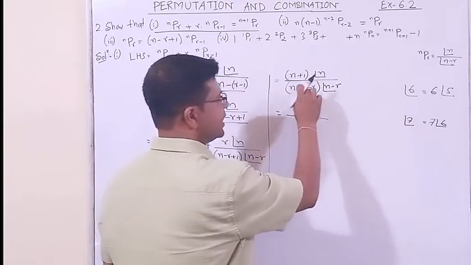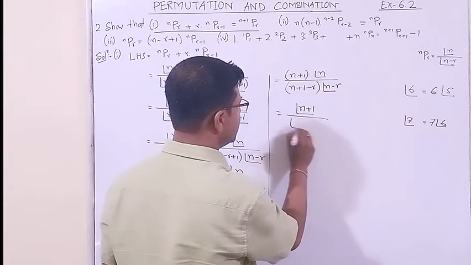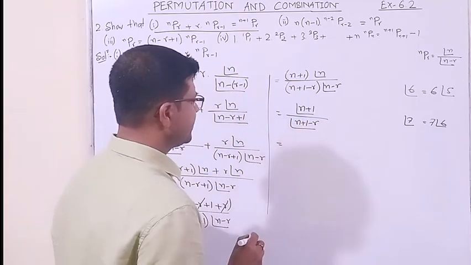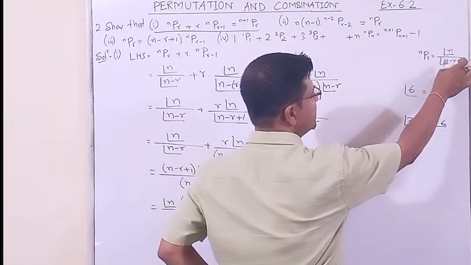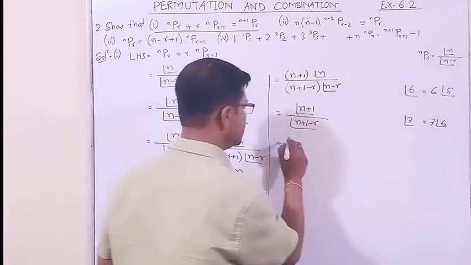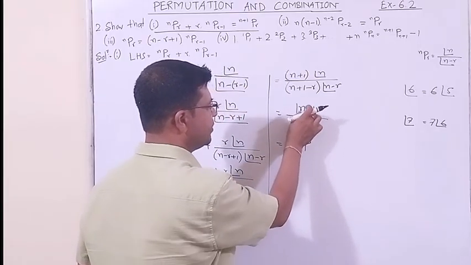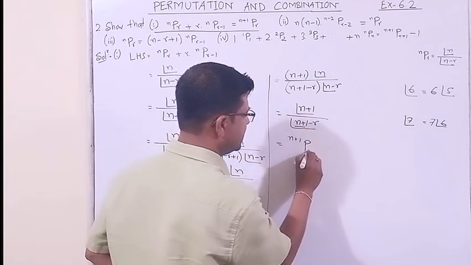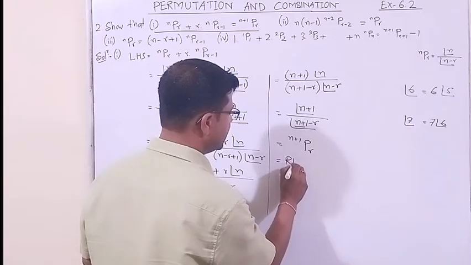So its next immediate decreasing term is this. So their product is factorial of this, n plus 1 minus r. So this can be written in this form: n plus 1 P, then n minus r. Here this is n minus r. So it is r. You see, this is the right hand side we have proved.